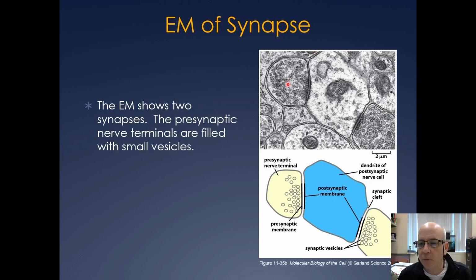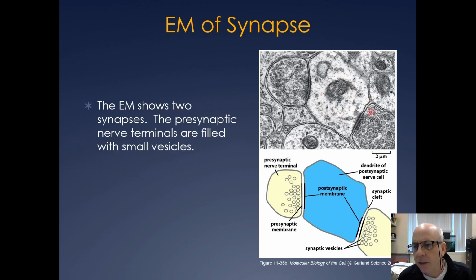Here's a great EM. We've seen this before, I think. This is a presynaptic nerve terminal, and here you can see the presynaptic membrane and the vesicles, and here is your dendrite or your postsynaptic membrane. It doesn't have to be a dendrite; it could theoretically be something like a muscle cell.